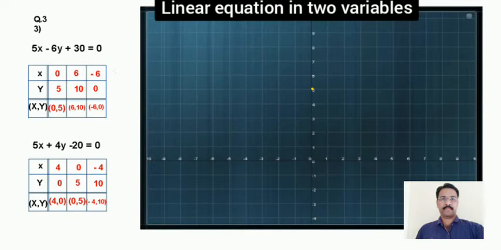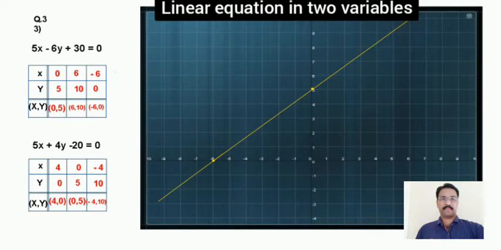Then (minus 6, 0), which is obviously on the x-axis. So from these 3 points, we are going to draw the line here. I'll extend the line from this side also. This is the graph of the first equation.